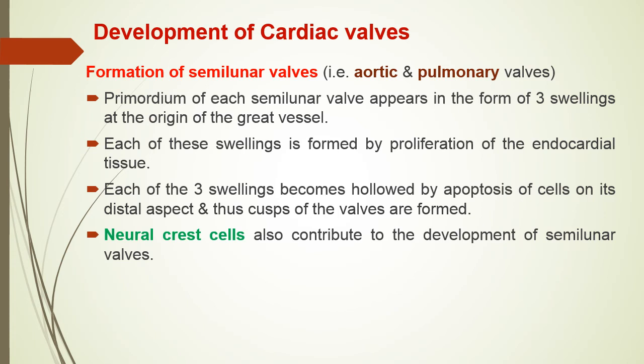But no papillary muscles or chordae tendineae are attached to the cusps of the semilunar valves. Neural crest cells also contribute to the development of semilunar valves, so this is also to be remembered. Three swellings are formed at the origin of the pulmonary artery and similarly at the origin of the ascending aorta. They become hollowed out on their distal aspect. Diagram.